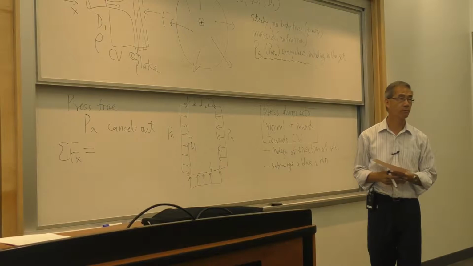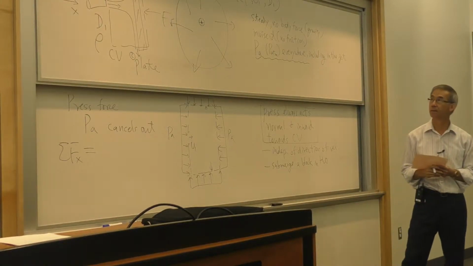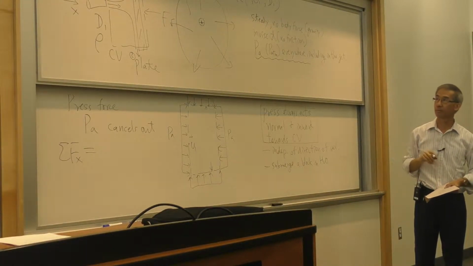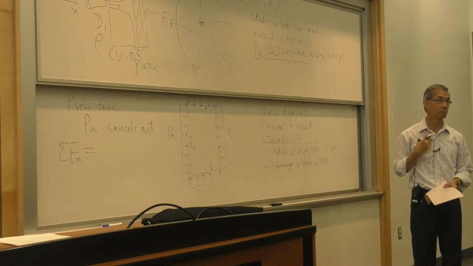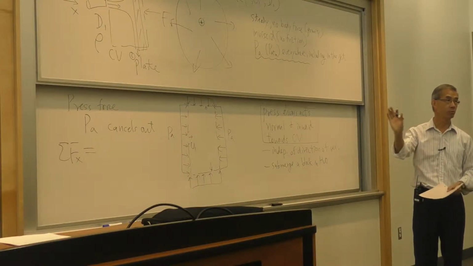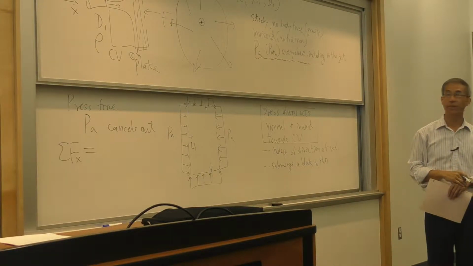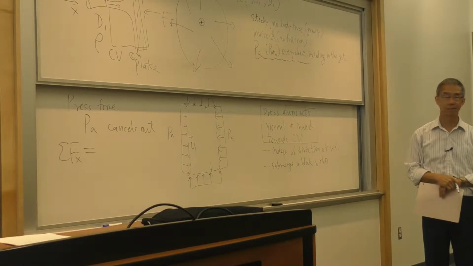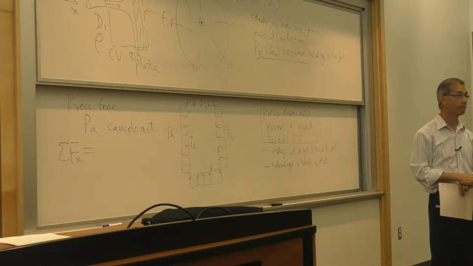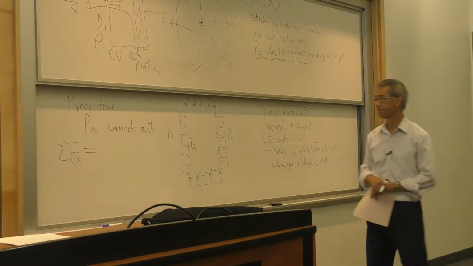And here it's very important that you pay attention to the sign. When I draw on that diagram the force, from my intuition as an engineer, I know I have to push to the left to anchor this plate. And relative to my xy coordinate, what is the sign for that F? Negative.